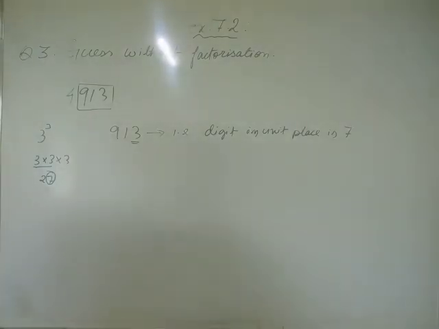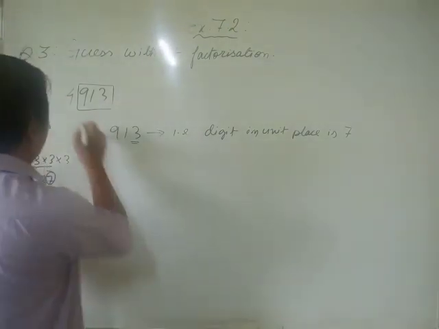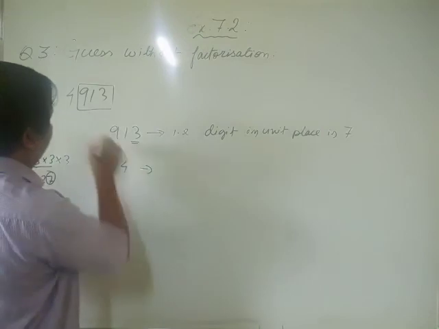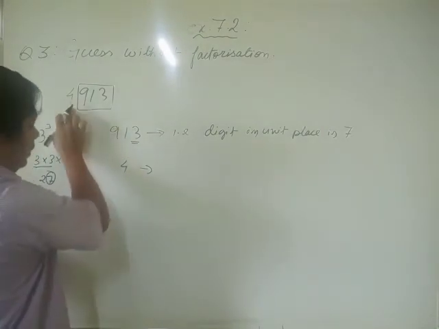Yes or no? Yes. Then next we have 4 here. So here we get only one digit, there is 4.